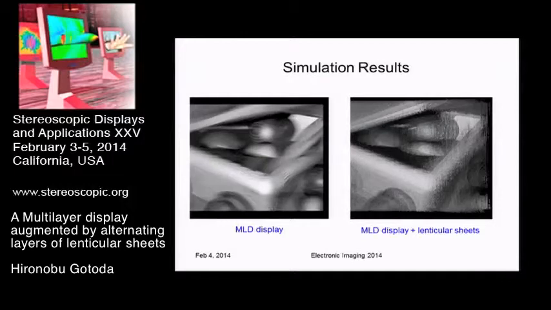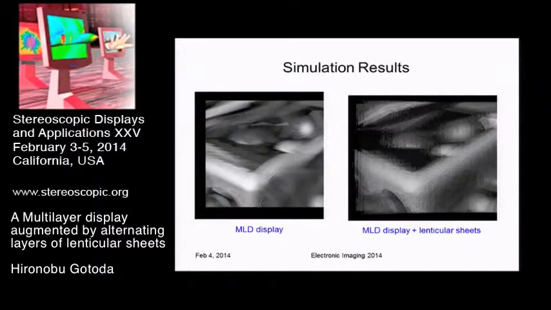And as you see, the image quality of this image is better than this one. But as I mentioned, there's a problem of the object splitting into two parts, which is not visible in the image produced by the conventional multilayer display.